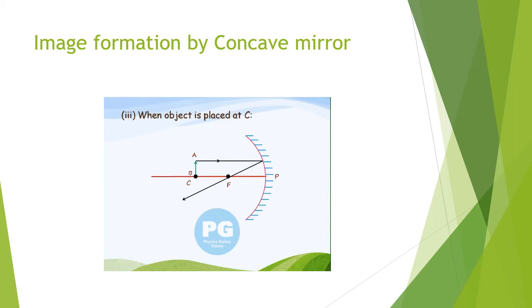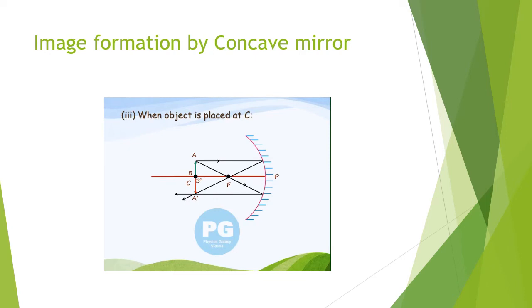Another ray of light we are taking is incident on the mirror after passing through focus. This will be reflected parallel to the principal axis. The meeting point of 2 reflected rays will give us the image of point A. We term it as A dash. Now, we draw a perpendicular A dash B dash to the principal axis of the mirror. This is our required image.